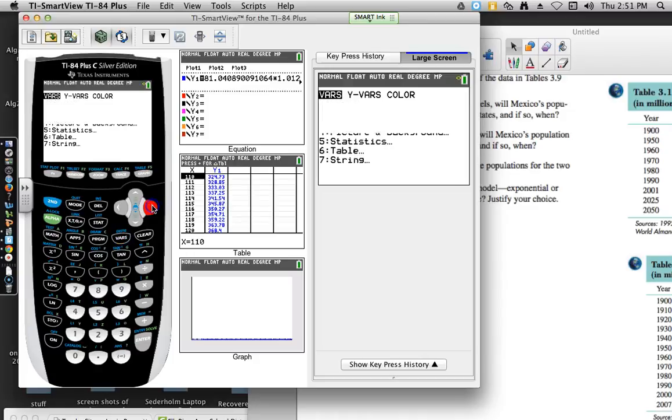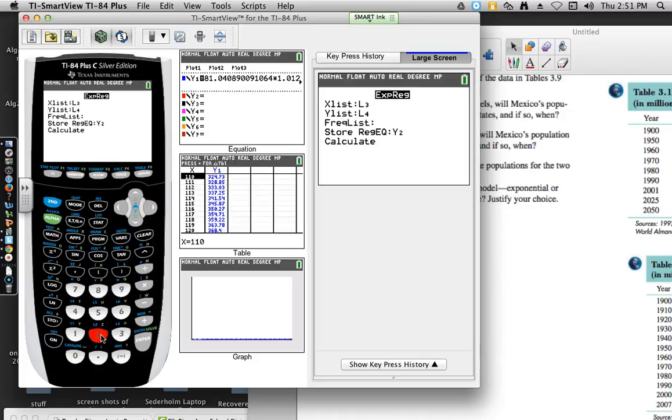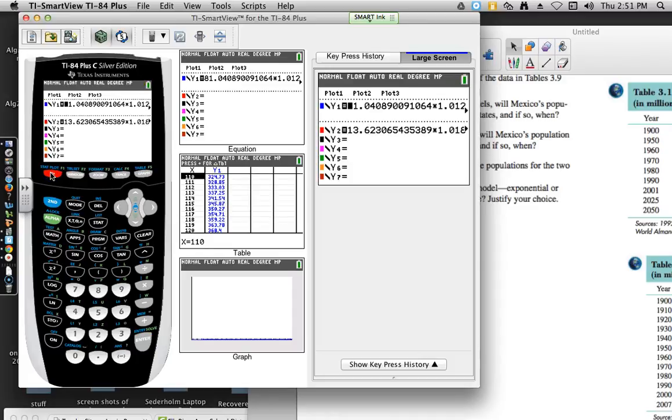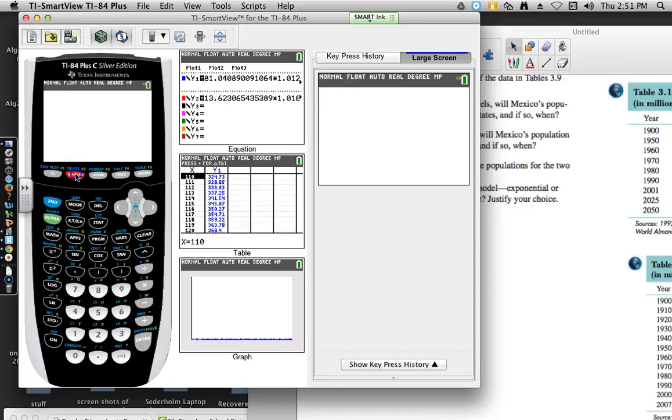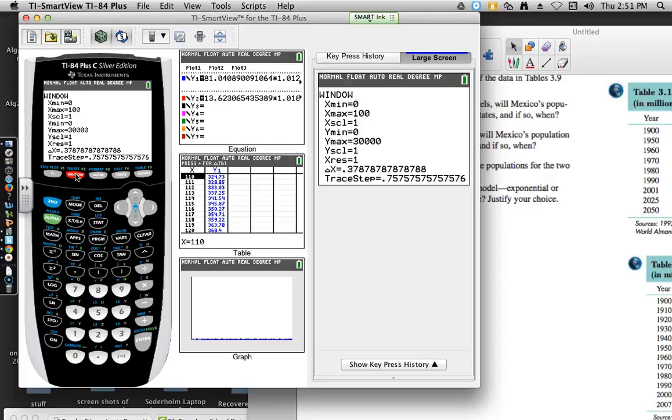So variables, y variables, number 1, but then number 2. And enter, and enter. So all of that good information is sitting in my y equals window. And if I set my window reasonably, then this ought to work. Whoops, not that one. There we go, window.